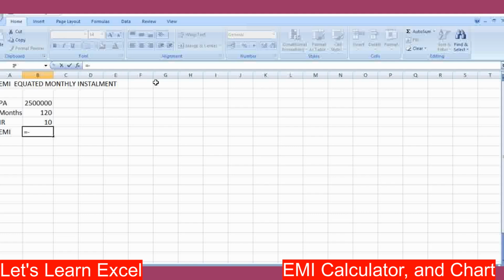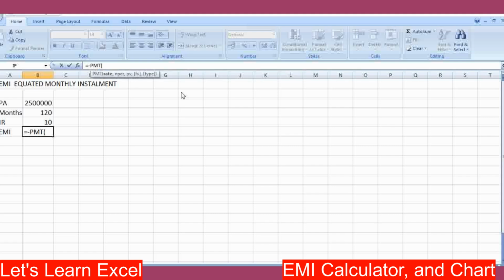Now we will enter the formula for payment. As soon as we type in PMT, you will find a description here. Calculates the payment for a loan based on constant payments and constant interest rate. Now open the brackets.